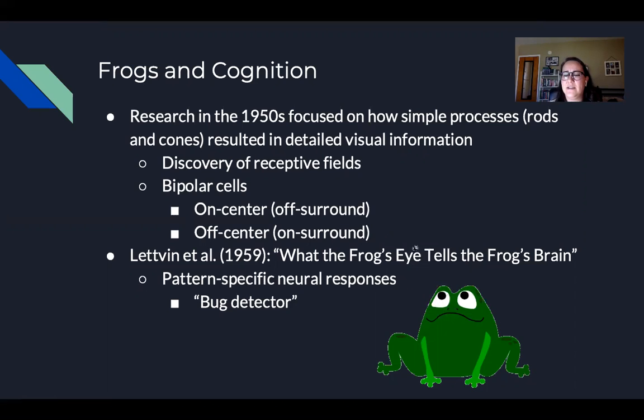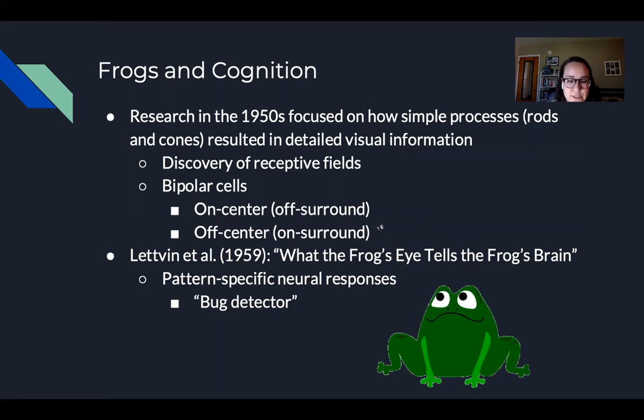We're not seeing in black and white, we're seeing in color. We have this really high resolution visual ability. So how are we going from just determining shadows and colors to having this really rich visual system?